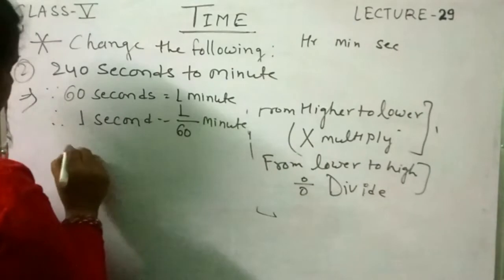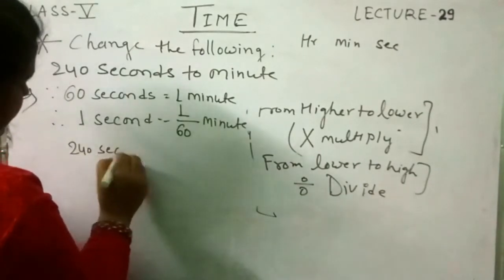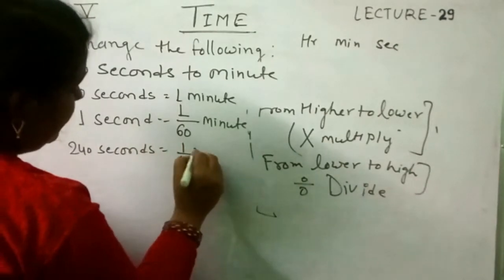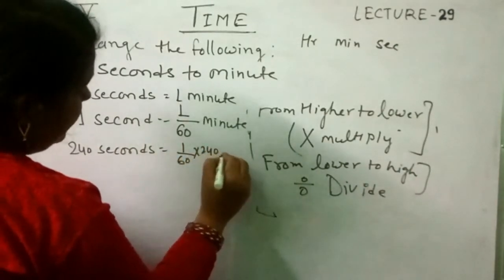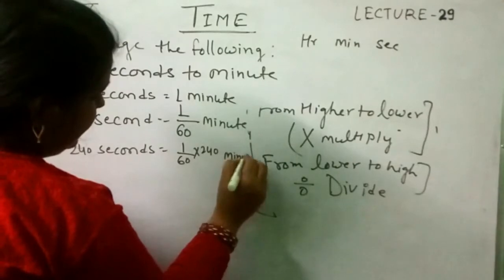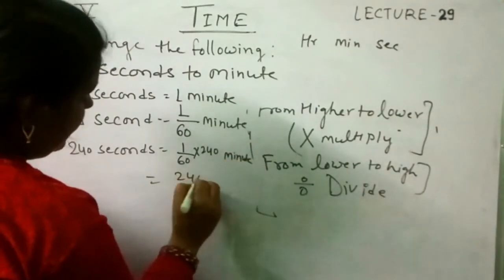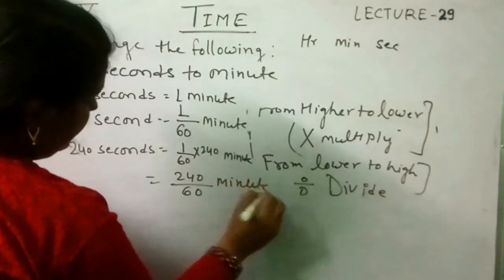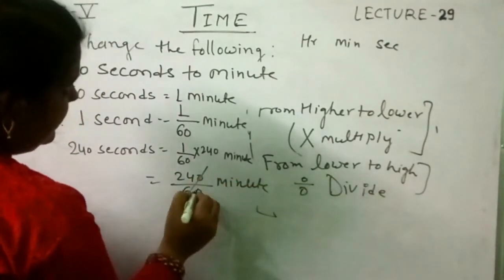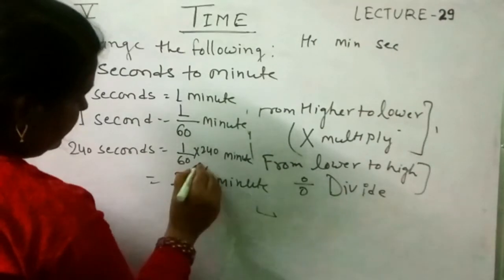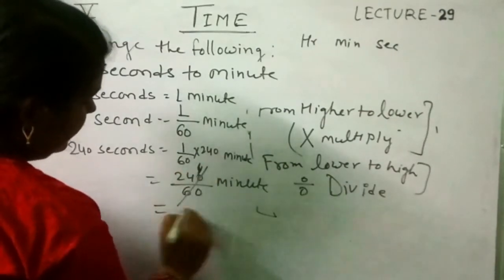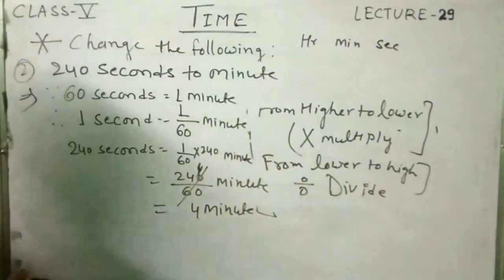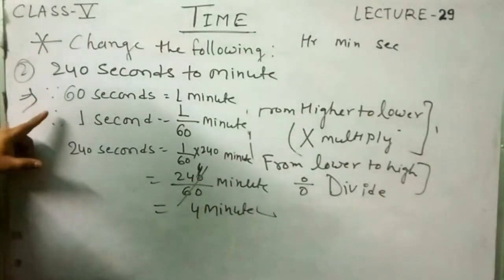And then 240 seconds is 1 by 60 multiplied by 240. Then you write here minute, that is 240 by 60 minutes. Reduce this number, 6 fours are 24, so that means 4 minutes. That is the way to solve.